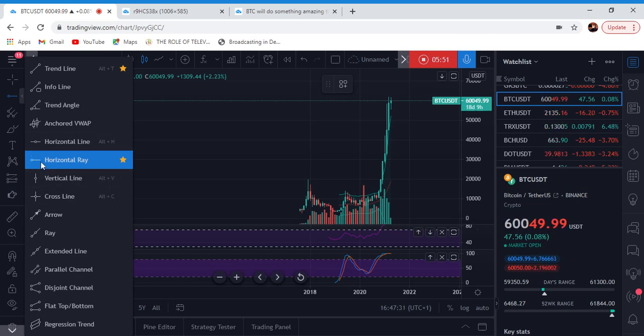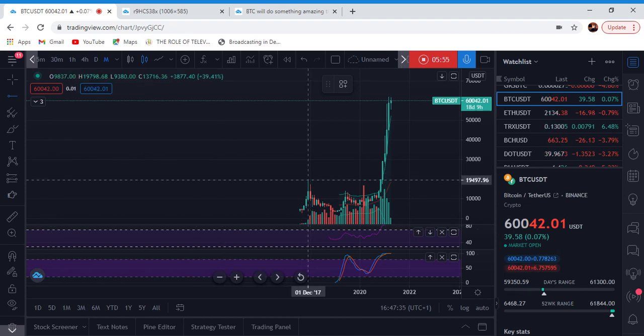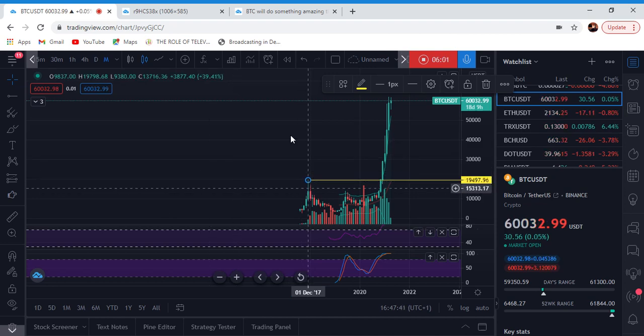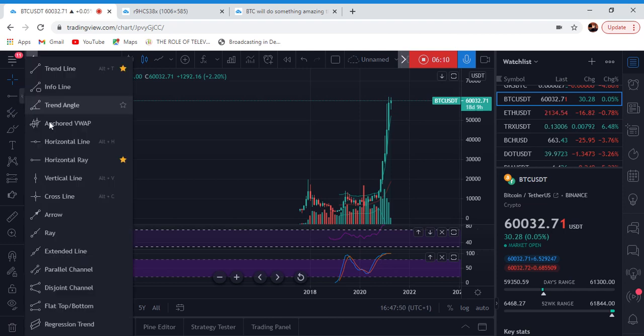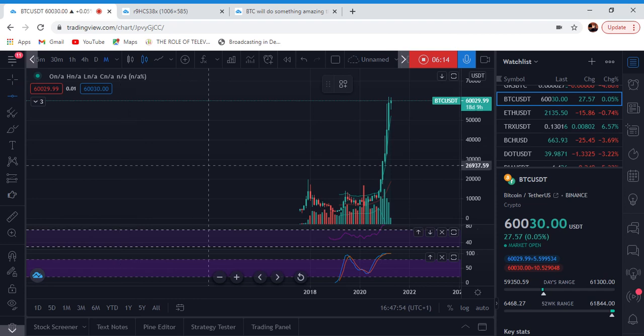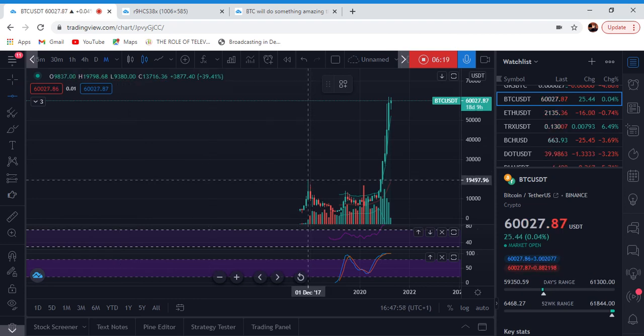For now, we'll use the horizontal ray. I like using the horizontal ray so that I'll know where my market starts from. In this case, it's starting from here. But if you're using something like this horizontal line, it's going to go front and back, the whole of the line, both in the past and in the future, will be marked.